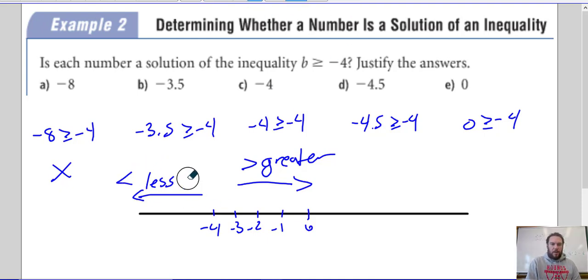So if I'm thinking about -4, where is -8 on my number line? Well, -8 is over here. So is -8 greater than -4 or less than -4? Because we're to the left of -4 on the number line, we are less than.